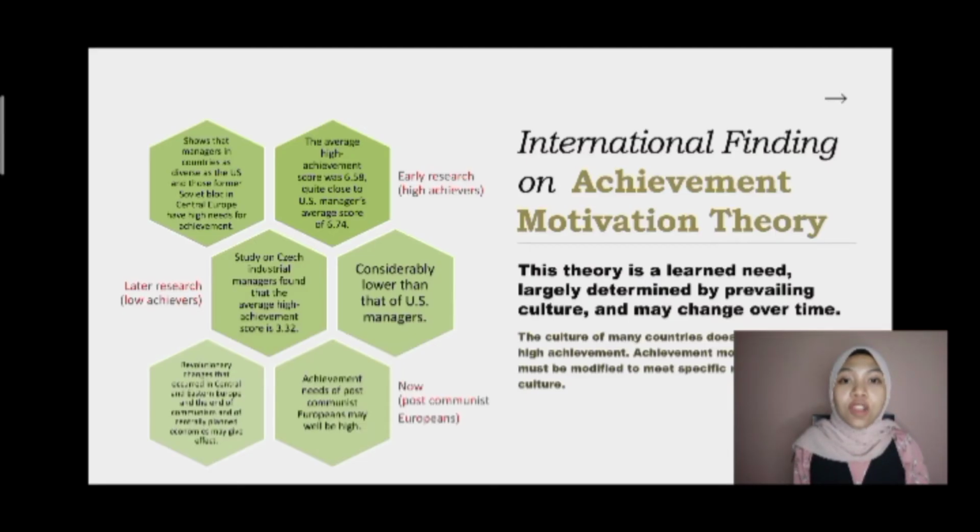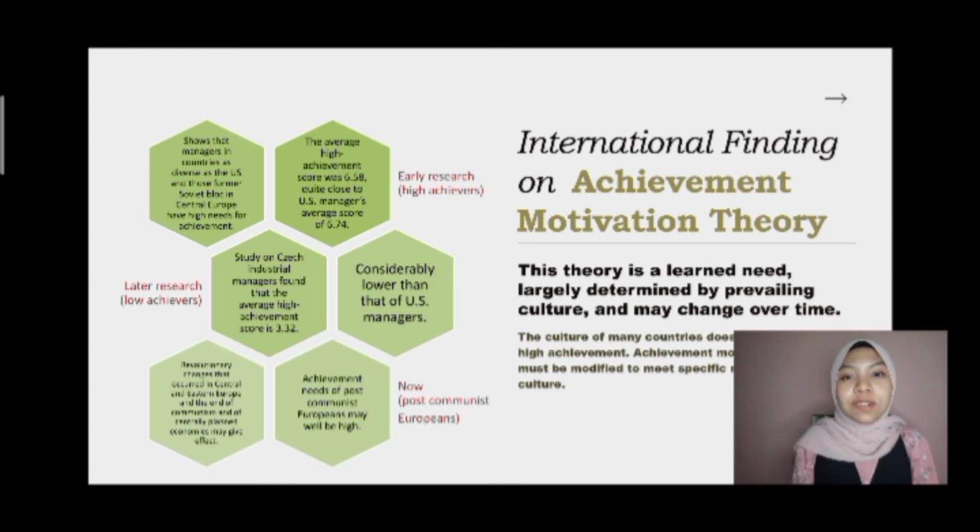So there are a lot of different findings about the achievement motivation theory over time. Okay. Firstly, in the early research, the average achievement score was 6.58, quite close to the US managers' average score of 6.78. This shows that managers in countries as diverse as the US and those in the former Soviet bloc in Central Europe have high needs for achievement.